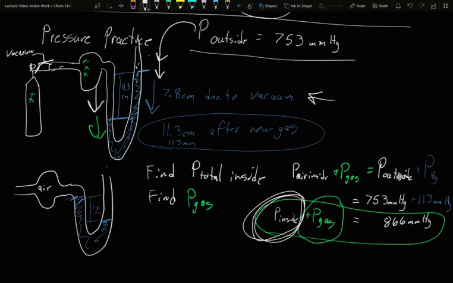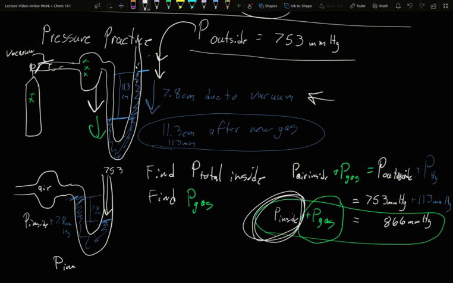The outside pressure is still 753, pushing down. The inside must be the pressure inside plus that 7.8 centimeters of mercury. So by knowing the height difference when we pulled the vacuum, we can solve how much pressure of air was inside still. The vacuum clearly didn't remove all of it, but it definitely removed some.